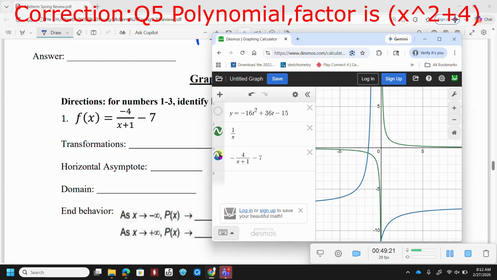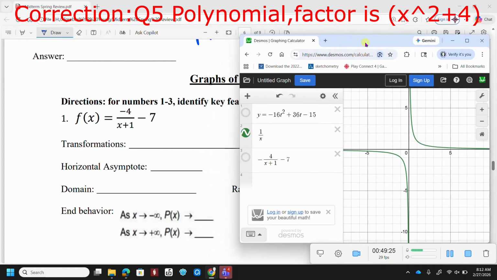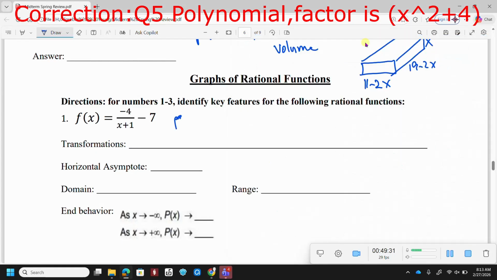Let me uncheck the functions so you know what the parent looks like. Let me write it on here so you know what the parent is. So the parent of the rational is 1 over x.